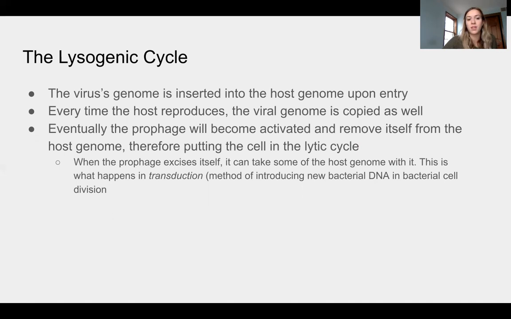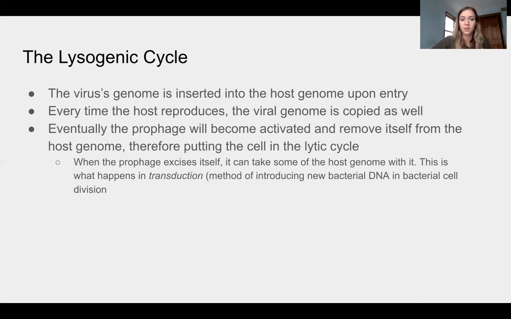Eventually, once it keeps dividing, the prophage will be activated, and then it will remove itself from the host genome and enter the lytic cycle. So both the lysogenic and lytic cycle eventually will end up killing host cells, but lysogenic doesn't do that initially. Initially, it's dormant for a while. So you can be infected with one of these and not know for some time.